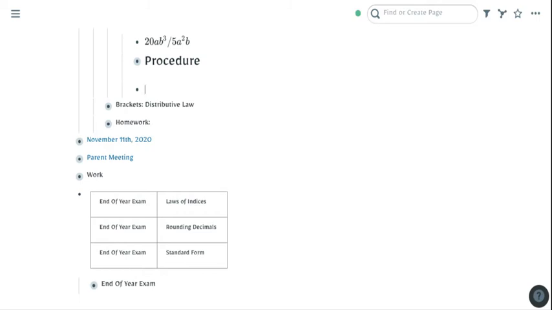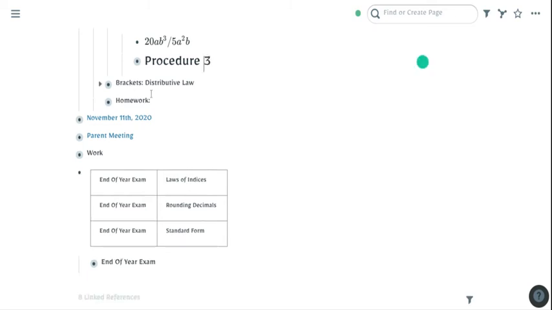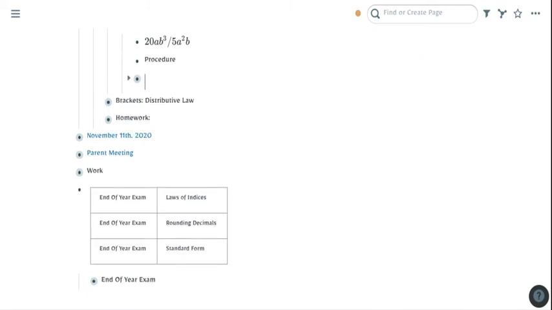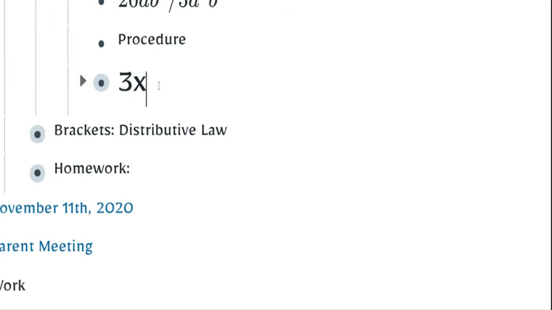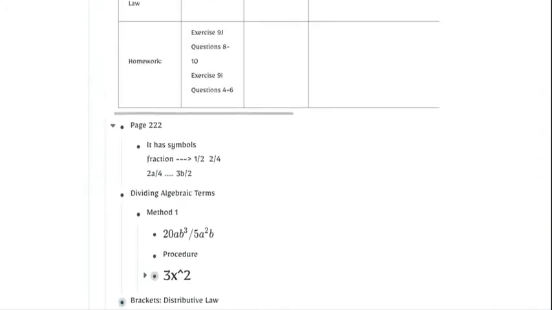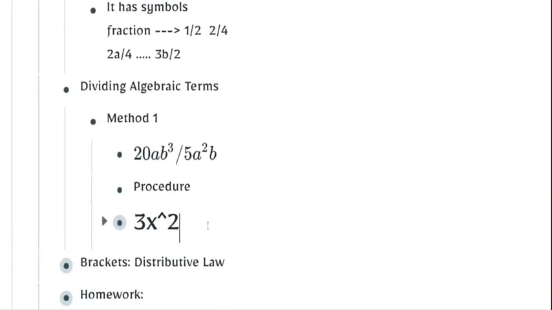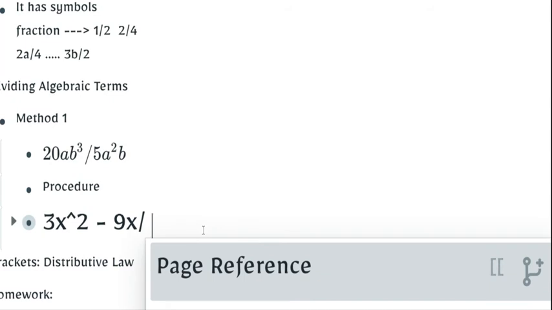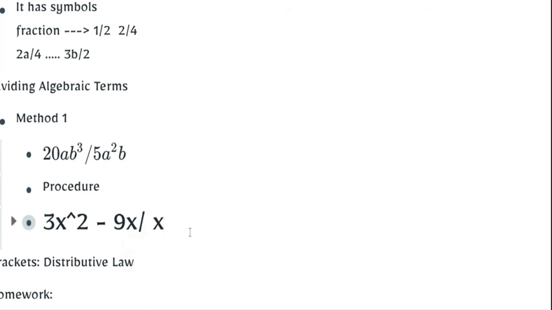How about if we had 3x squared minus 9x, all divided by x to the third.